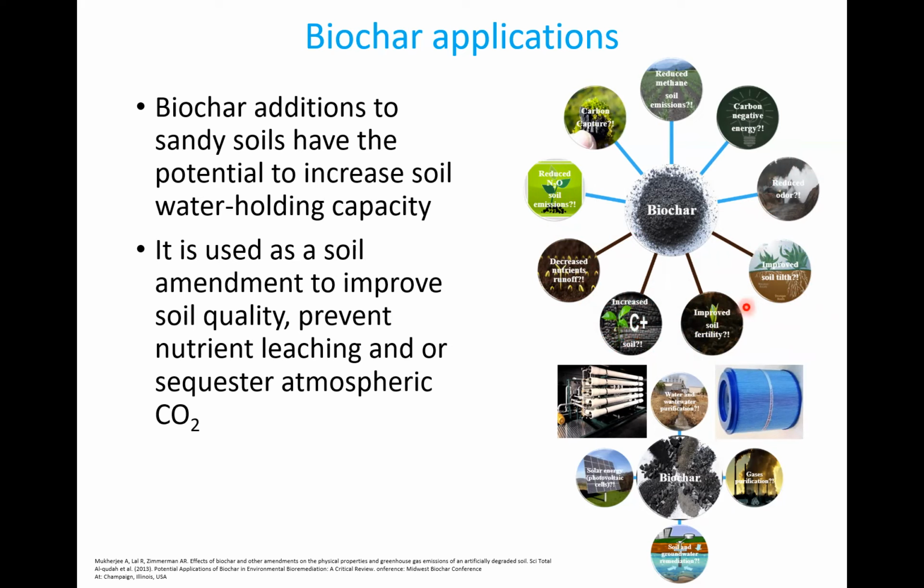Besides soil application, it can also be used in industry, like filtration for wastewater and water purification. It can also be used as a filter for gas purification, for soil and groundwater remediation, and as an element for solar or photovoltaic cells.